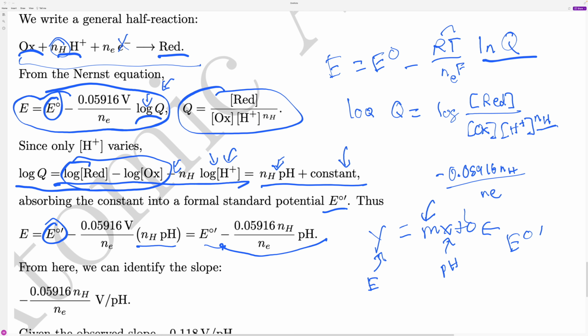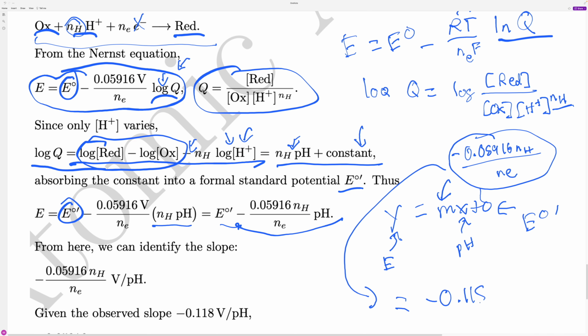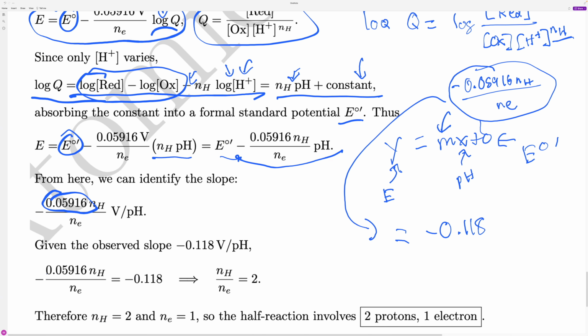So we have this as the slope, and I'm going to write it down here for space, that's equivalent to negative 0.118. So if we divide both sides by negative 0.05916, we're going to end up getting NH over NE equals 2. And you can do the math yourself to verify that.